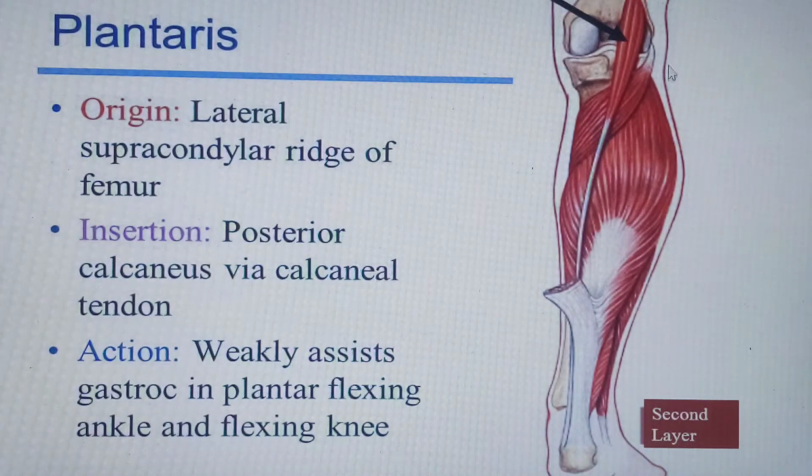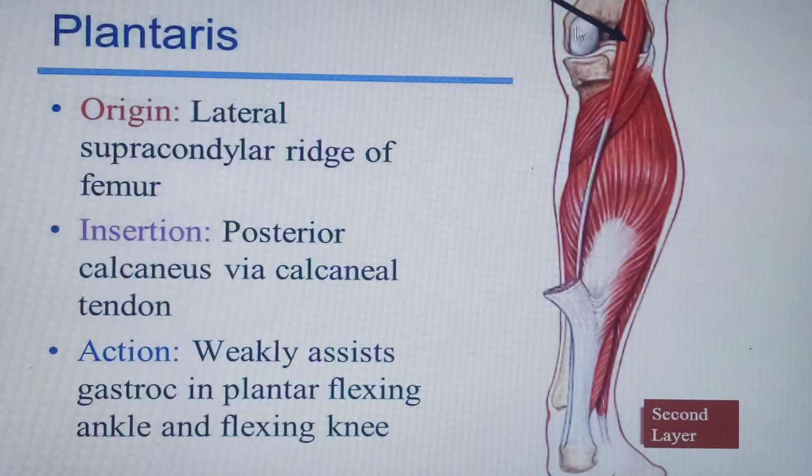If you look at the plantar aspect of the foot, there's a thickened fascia known as the plantar aponeurosis. But surprisingly, in humans, this muscle is not inserted into the plantar aponeurosis, but we still call it plantaris.